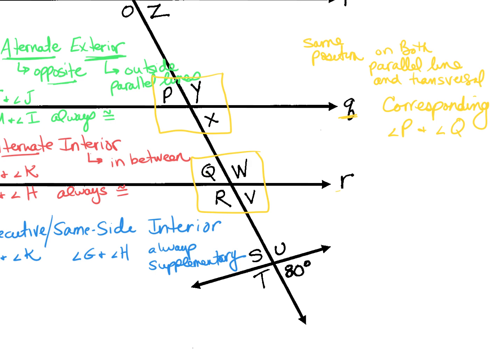If you look at angle Y, which is in the upper right-hand corner of my box, that corresponds to angle W. Angle Z is in the lower right-hand corner on line Q, and that matches angle R, which is also in the lower right-hand corner.